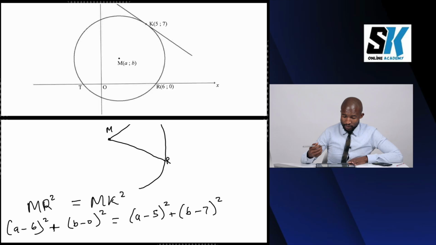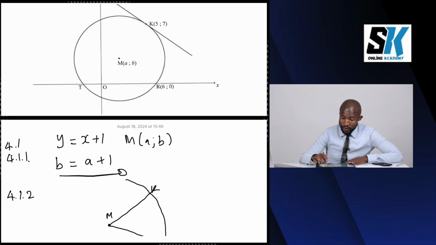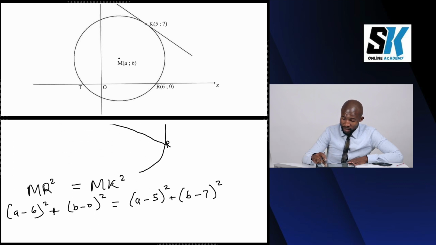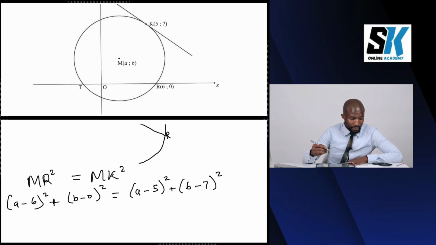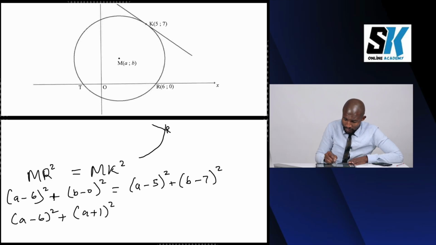If you remember in the top question, 4.1.1, B is equal to A plus 1. So where it's written B, you're going to remove that B and substitute A plus 1. So here it's (A minus 6) squared plus (A plus 1) squared, so the 0 won't have any effect.